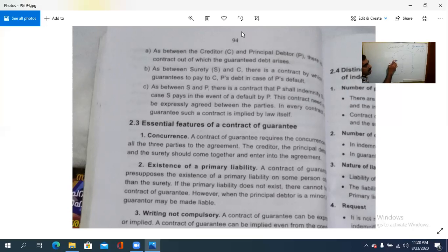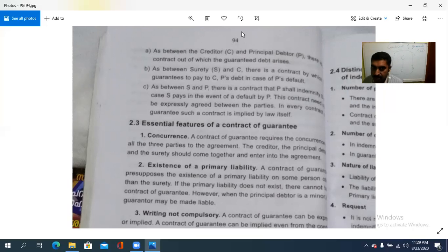What is the main contract? S, on behalf of P, needs to pay 500 to C. That is one case. Second, P and C have an agreement, that is, between the principal debtor and the creditor. If this does not happen, then what happens? In case the principal debtor fails to pay the creditor, then the surety or guarantor will pay the creditor. So it is a tripartite agreement, because three parties are there, so there should be three types of agreement between the three parties: surety, principal debtor, and creditor.